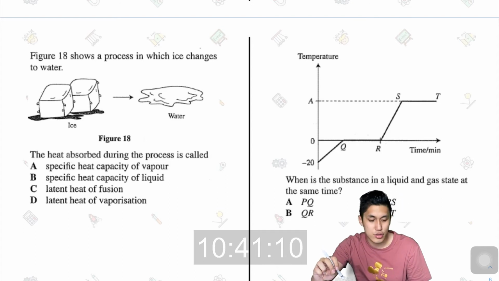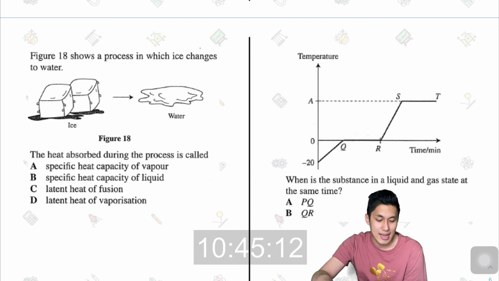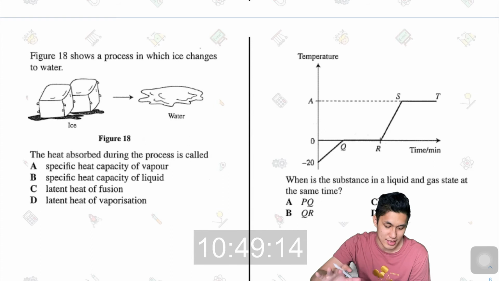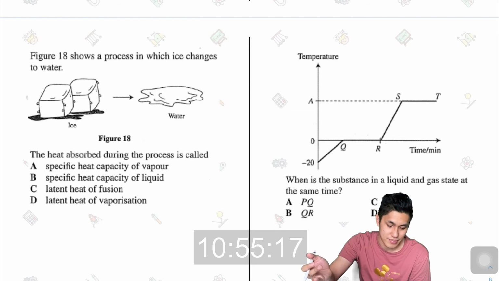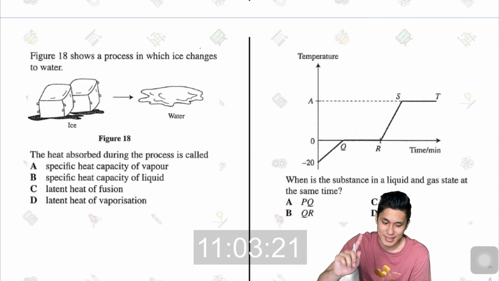When ice goes from a solid to water that is a liquid, okay, it is the latent heat of... no. Okay, the heat absorbed is called the specific heat capacity. Right, the specific heat capacity. No, wait, hang on.